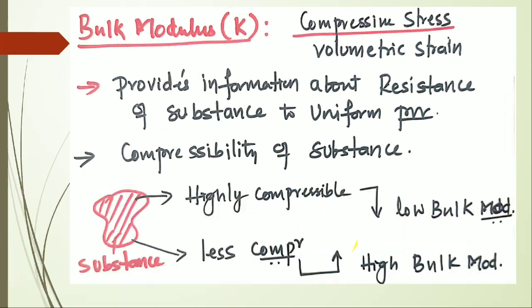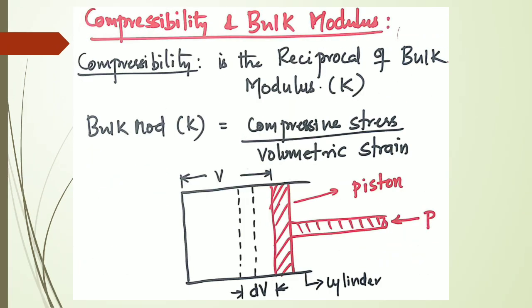That is how it relates to the bulk modulus. So compressibility can be defined as the reciprocal of bulk modulus. Again, bulk modulus can be defined as compressive stress to the volumetric strain.